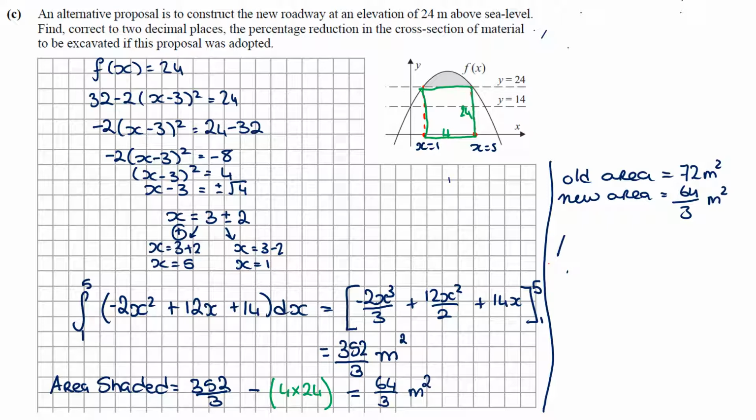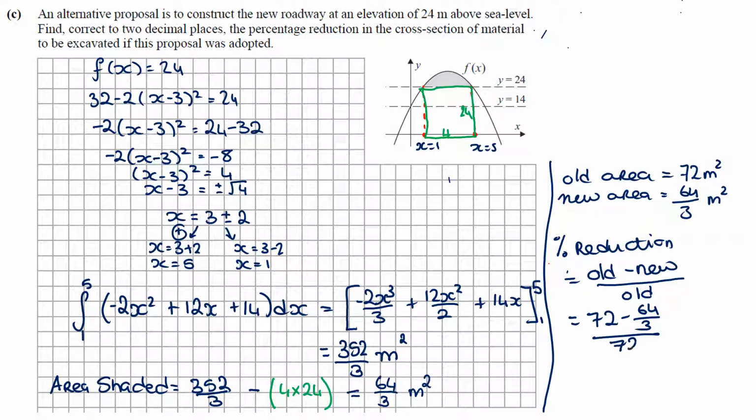So the percentage reduction is going to be old minus new over old. So that's 72 minus 64 over 3 all over 72. And to get it as a percentage, we're going to multiply by 100 over 1, which gives me 70.37%.